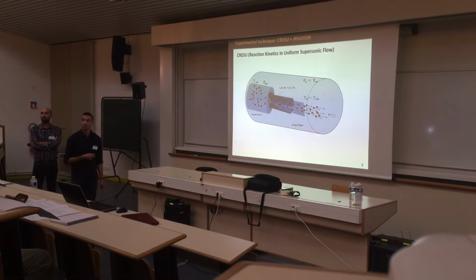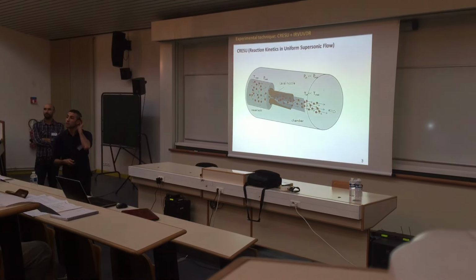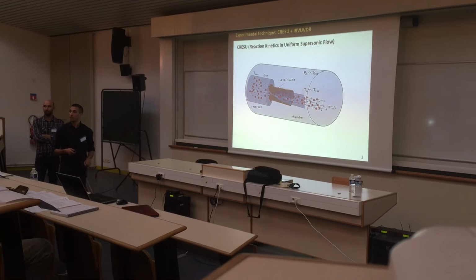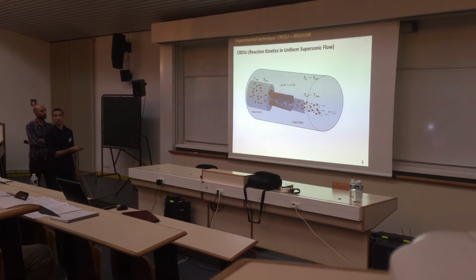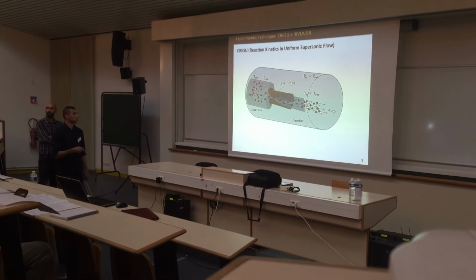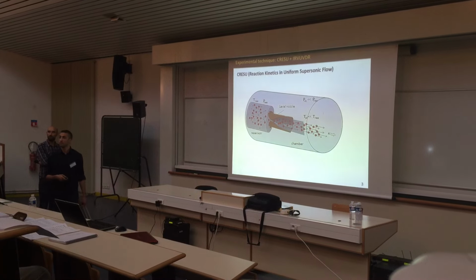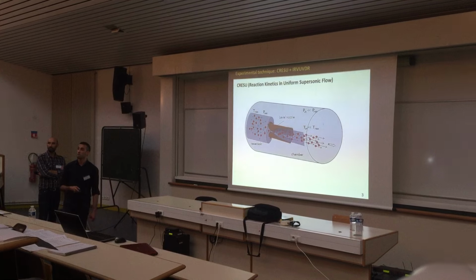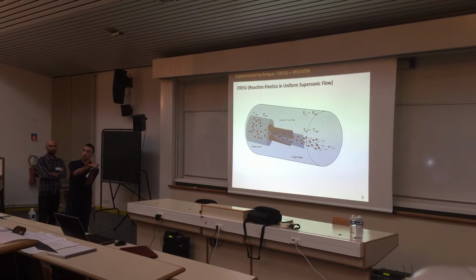Is that a pump? Yeah, a pump, of course, just to create very low temperature in this chamber. It's actually enclosed, so it's a tube. I was wondering why the molecules choose a single direction. It's not a randomized direction, it's a uniform supersonic flow.